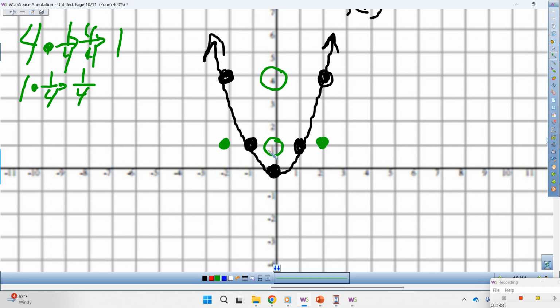These 2 points down to 1/4. 1/4 is about right there, and 1 right there. And 0, 0 always stays at 0, 0. So here are my 5 points. -2, 1, -1, 1/4, 0, 0, 1, 1/4, and 2, 1. There they are. Don't make your parabola because we're not done.